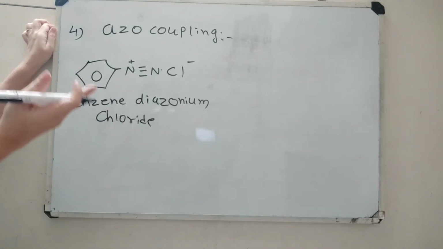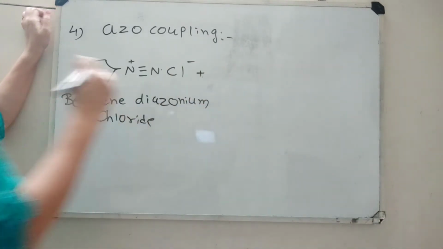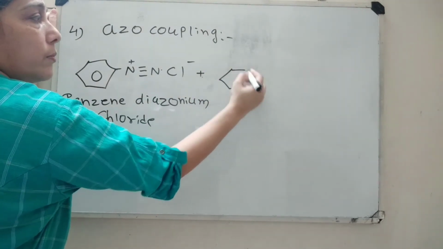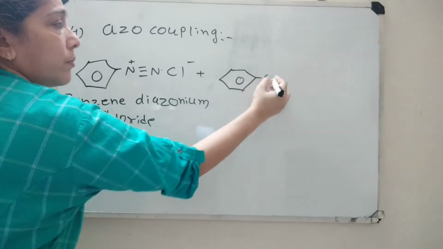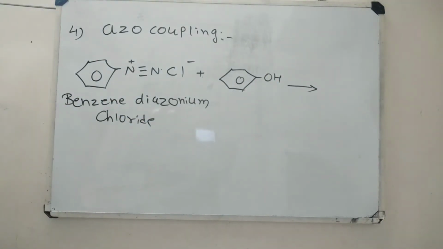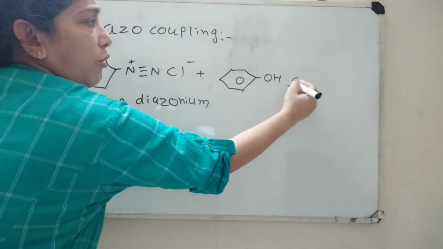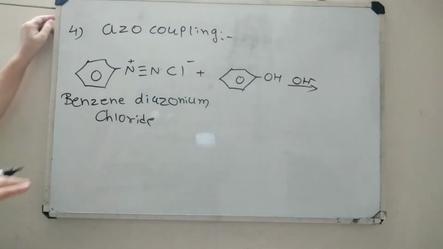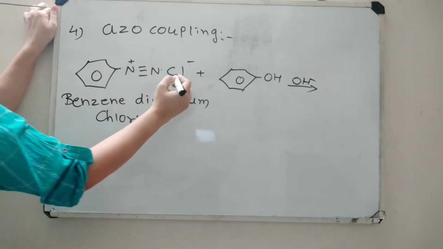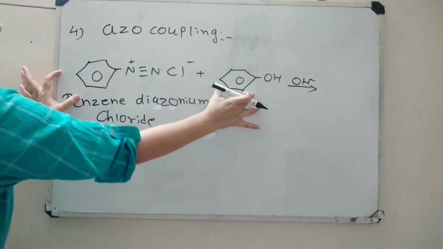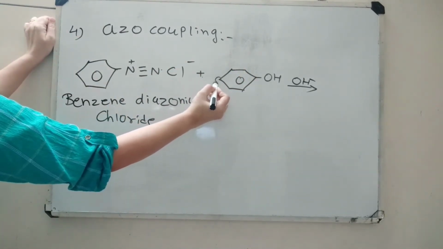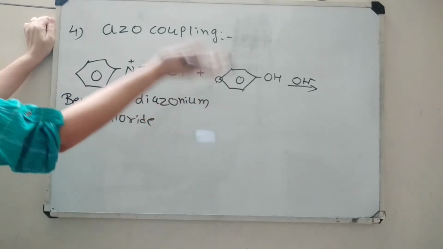When it reacts with a strongly activated aromatic compound, suppose phenol, in the presence of a base, an alkali, how does the reaction take place? When these two benzene rings combine, from this carbon a hydrogen is given out.